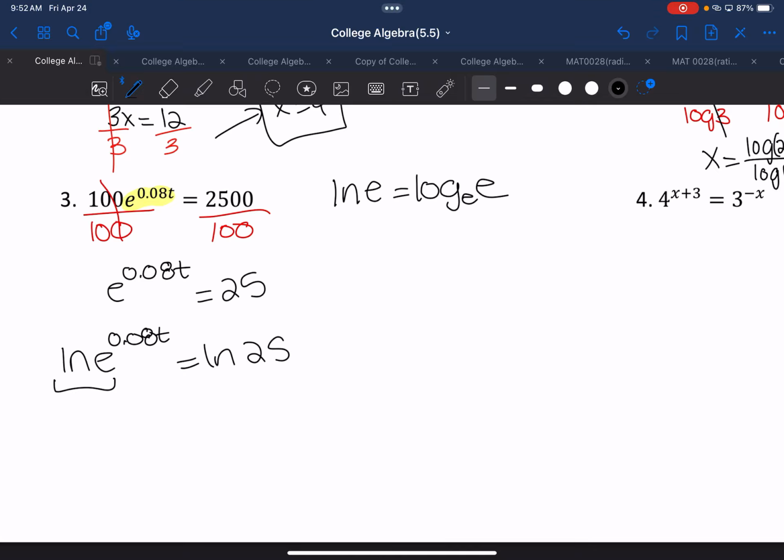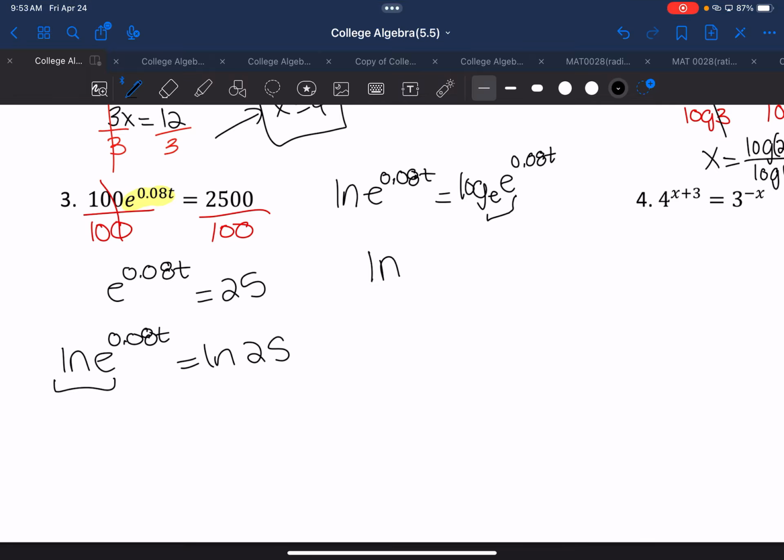ln of e to the 0.08 t power is the same thing as log base e of e to the 0.08 t power. Remember, we learned that if we had this, that just all canceled and left me with the exponent. But also you could have seen that from using the power rule. Because if I pull that 0.08 t out, using the power rule, then it gets multiplied by ln of e, but ln of e is just 1, because ln of e is just log base e of e.